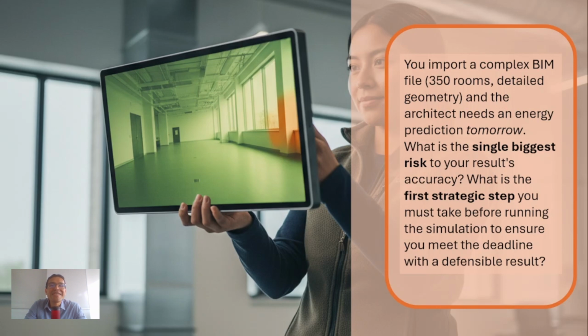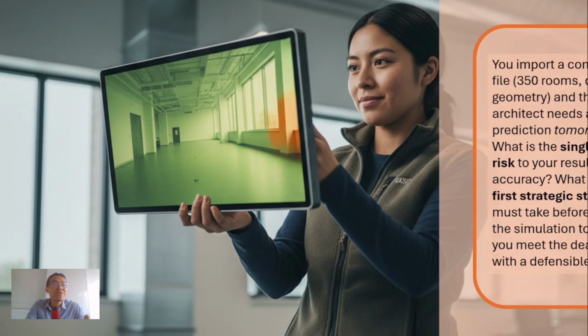This question forces us to think beyond simply drawing rooms. It introduces the critical concept of zoning strategy and simplification, the very things that separate a quick, useless result from a reliable professional energy prediction.